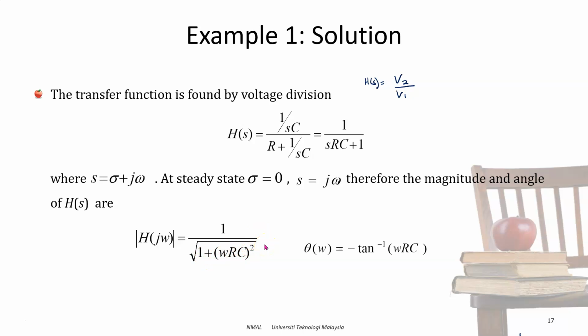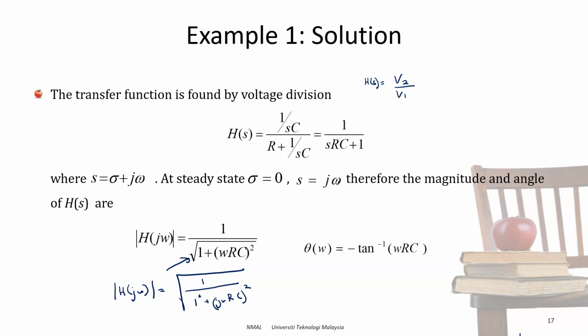So how did we get this? H(j omega) means that we want to find the magnitude of H(j omega). It is the square root of 1 divided by, because 1 plus jsRC here is 1 squared plus (omega RC) squared.